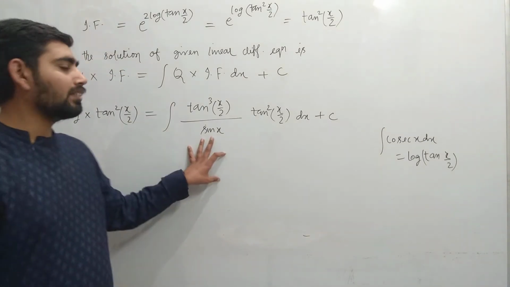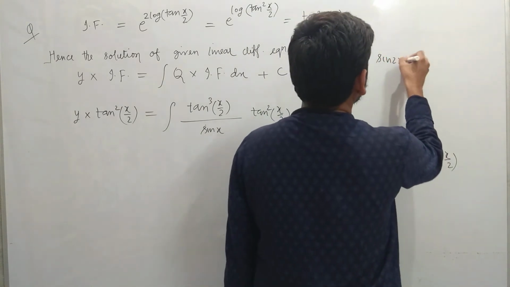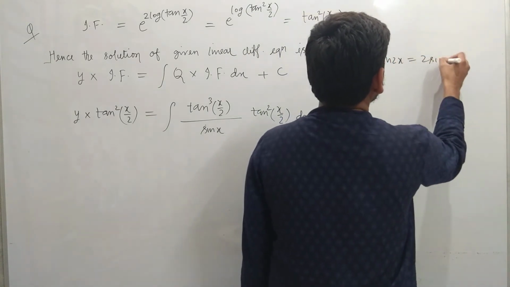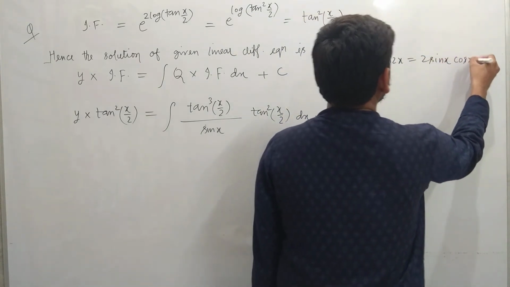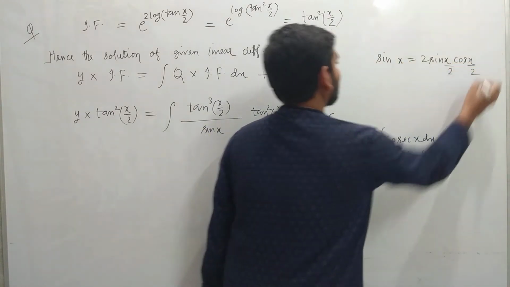We will break sin x into the half angle. Since sin 2x is 2 sin x cos x, sin x will be 2 sin x by 2 cos x by 2.